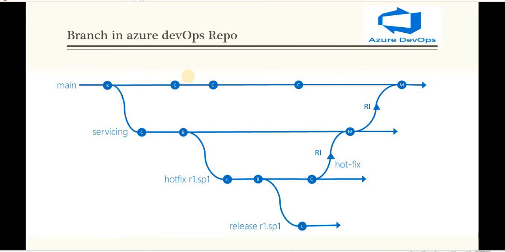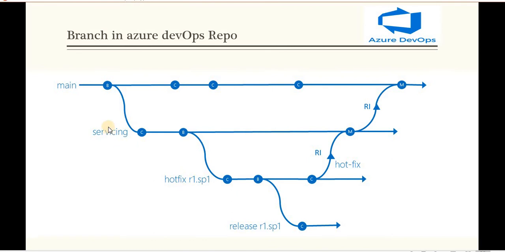Suppose, for example, one team is working on the service, another team is working on hot fixes, and another team works on the releases. The service team is working on their own work, and later they commit that code into the main branch.